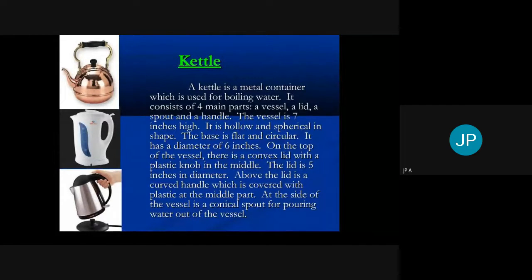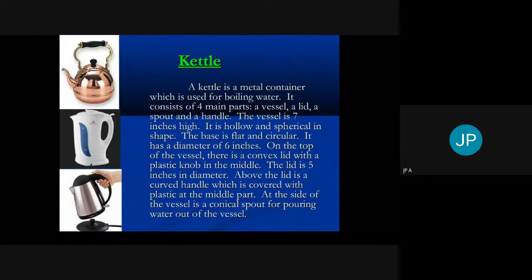You can see all these things in this description. Then we talk about the material. There is no particular order in which you can write. You can write it in any order. Then the position of these parts. So all these things have come into this description.